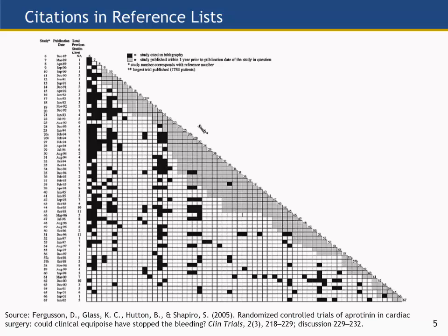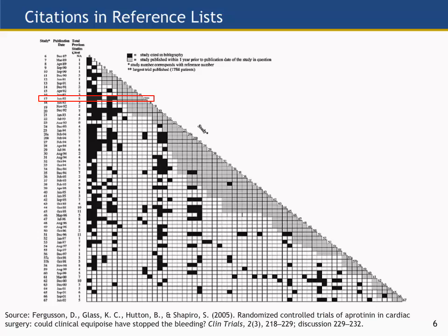As you go down, you would expect to see more and more black, but as you can tell, there's a surprisingly low citation rate. The most frequently cited study is that original study. The study that has the most enrolled subjects, number 17, is only cited 7 times.